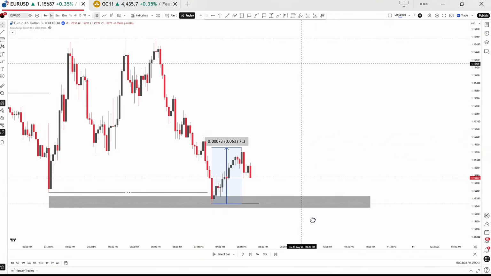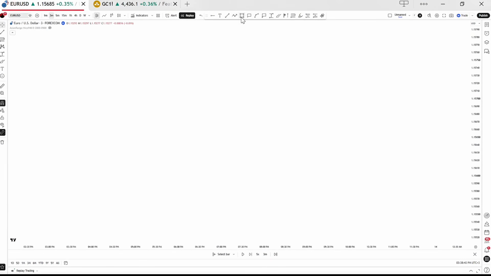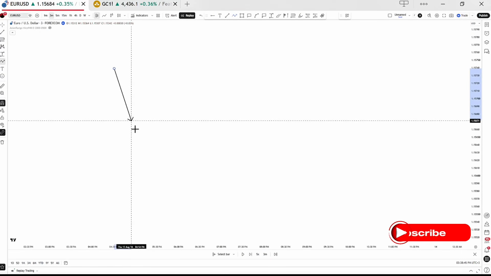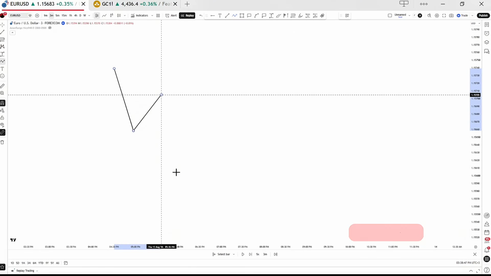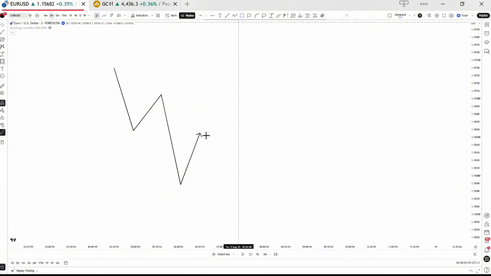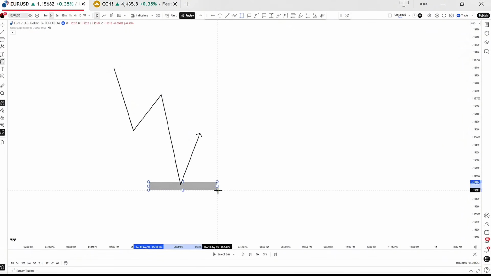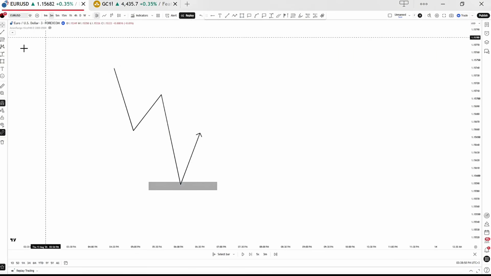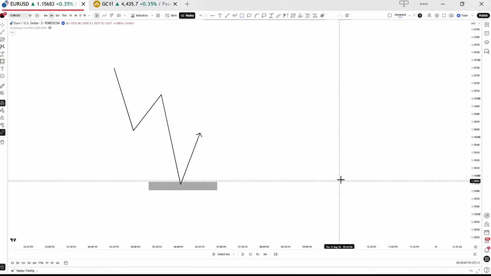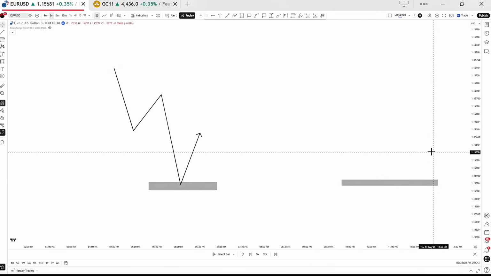Now let me give you an illustration of the 15-minute and 3-minute time frames. In the 15-minute time frame, it is a big leg of price action that looks like this, that tapped into the main point of interest. And then in the 3-minute time frame, there are very little price action moves because it's a small time frame.